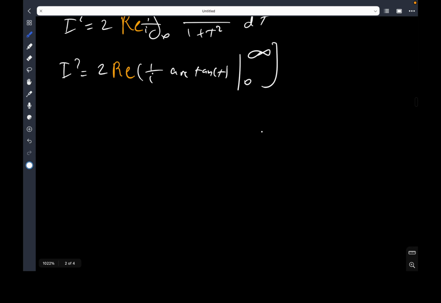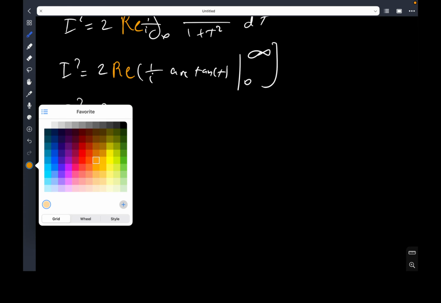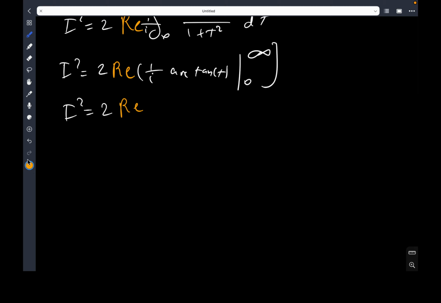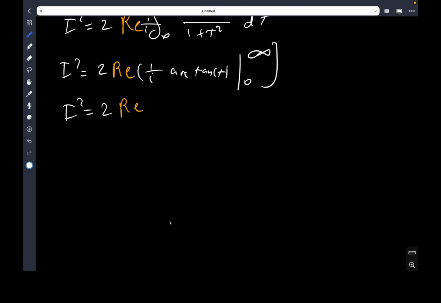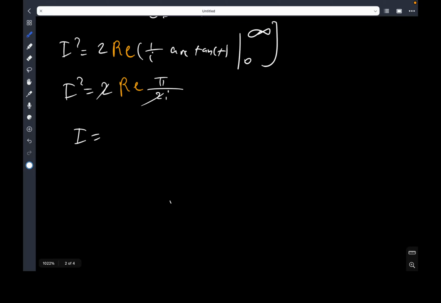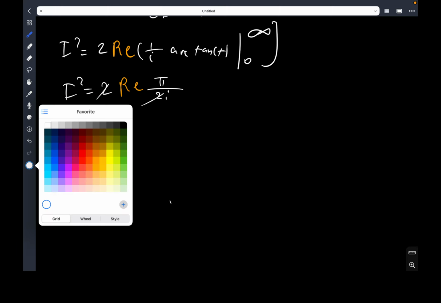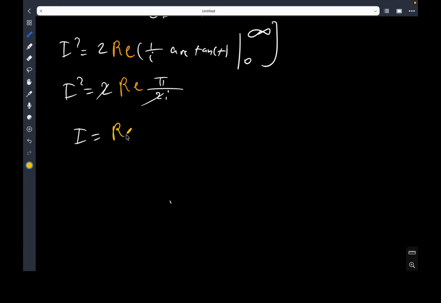Arctan of infinity is pi over 2, and if you calculate this limit, you're going to get I squared is 2 times the real part of pi over 2i, and you're going to get I to be equal to the real part of root pi over root i if you solve for it.